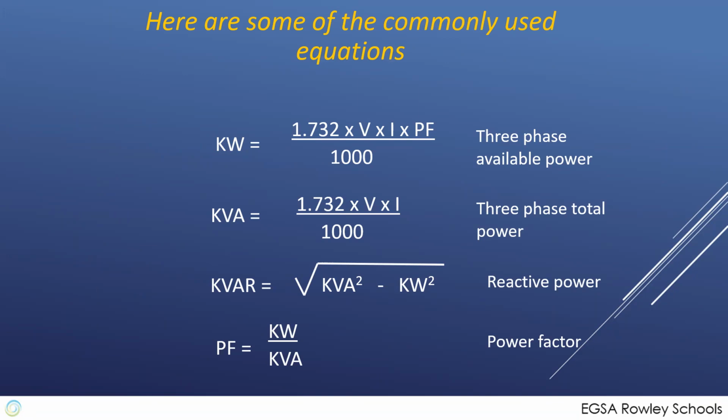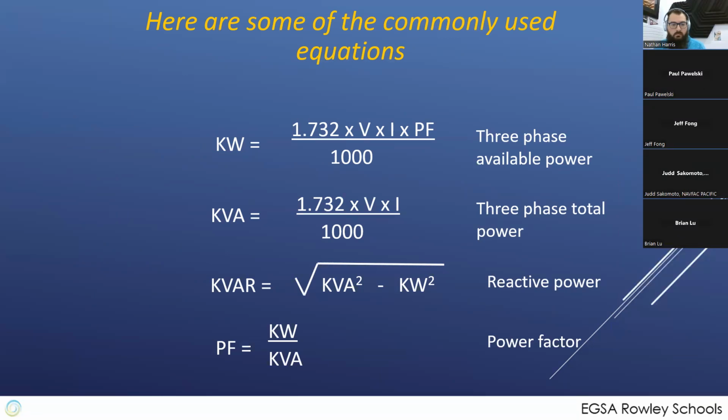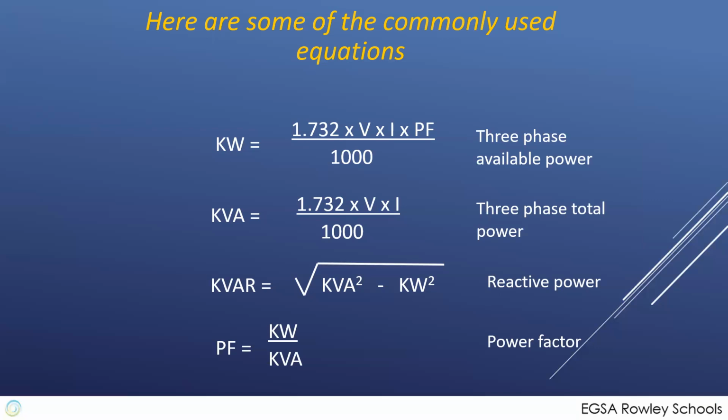This is how much power is actually coming out the end of the generator to allow you to run your equipment. Three-phase total power. This is the amount of power that'd be available if everything was synced up perfectly at unity power factor. Then we've got the part that isn't synced up, that's the reactive power. And then, of course, the power factor is just the ratio between the two.